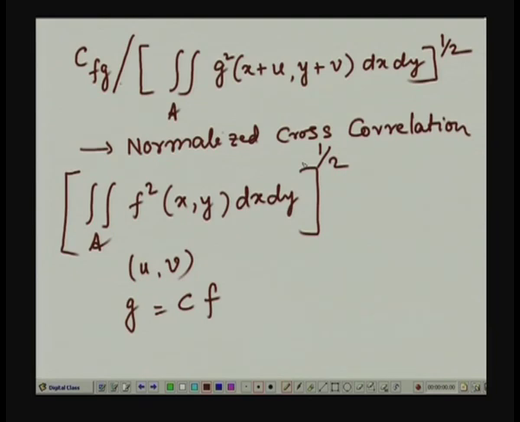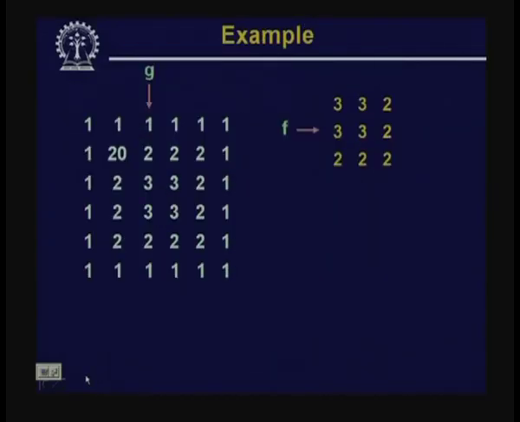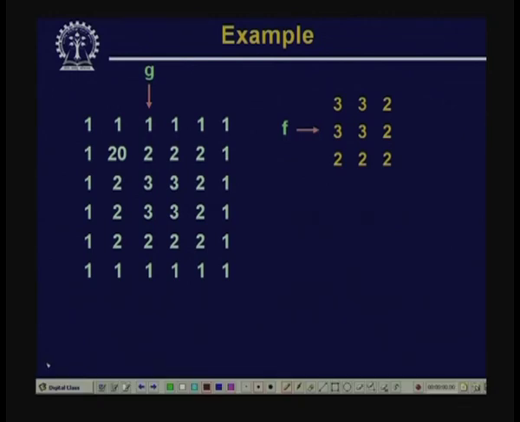Okay. So, now to illustrate this, let us take an example. Say here, this is the image G, which is given in the form of a two dimensional array of size 6 by 6, and our template is a 3 by 3 matrix, which is given on the right hand side.